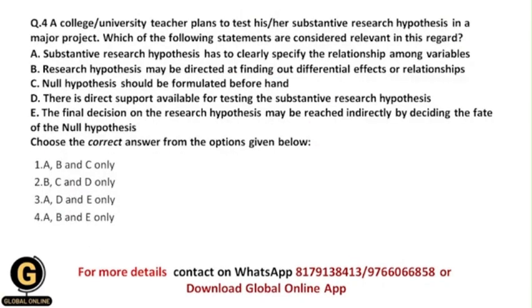Okay, a college or university teacher plans to test his or her substantive research hypothesis in a major project. Which of the following statements are considered relevant in this regard? Okay, so the teacher is planning to test his or her substantive research hypothesis.